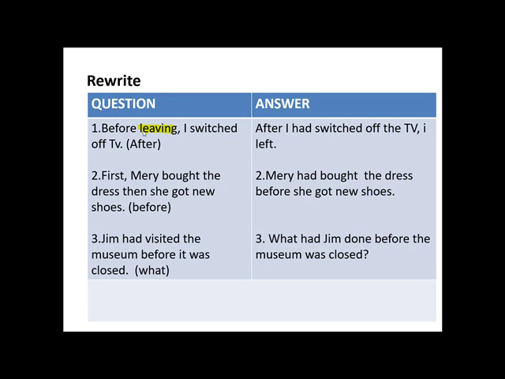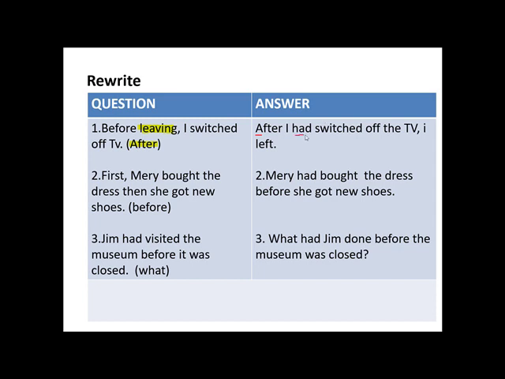Before leaving, I switched off the TV. I want you to use "after". So it means I switched the TV off first and then I left. Excellent. How can I answer this? Here, "After" at the beginning because of the capital A. Which happened first? Of course, I switched the TV off.